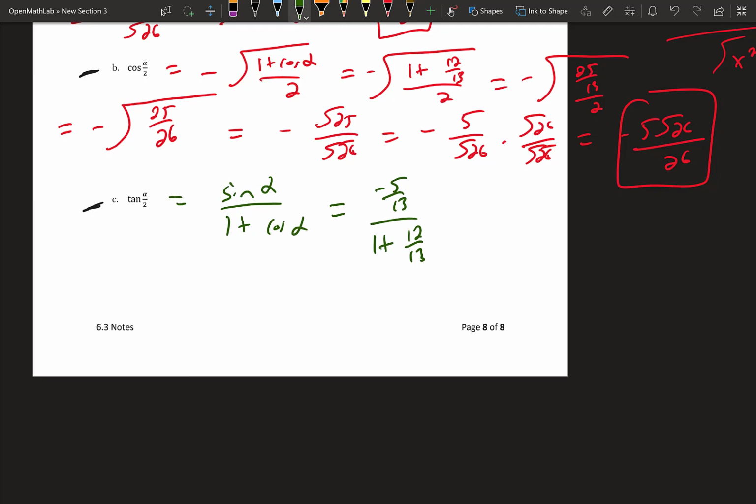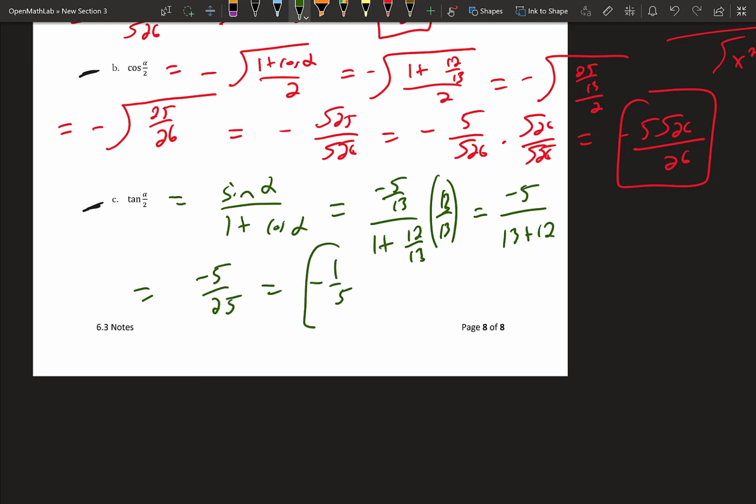Just plugging in those values. Now I'm going to multiply top and bottom by 13. What we end up with is negative 5 over 13 plus 12, which equals negative 5 over 25, which equals negative 1/5.